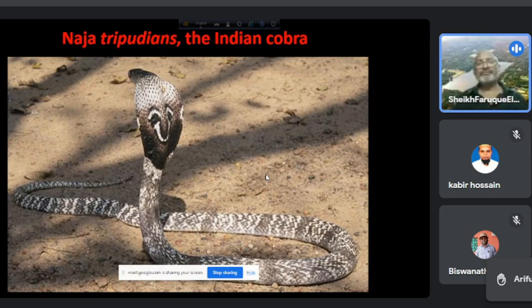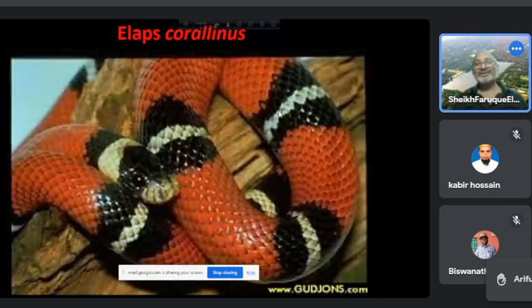This is Naja tripudians, very good drug for various heart diseases. This is congenital heart disease and many say valve disorders. Very important drug. We use it in many patients. We will discuss afterwards. Let me see the photos first.